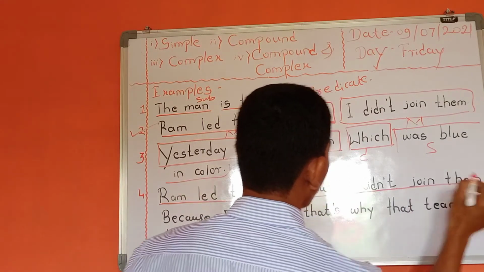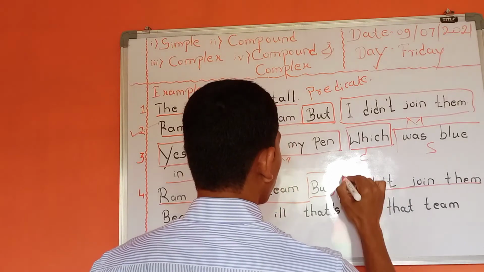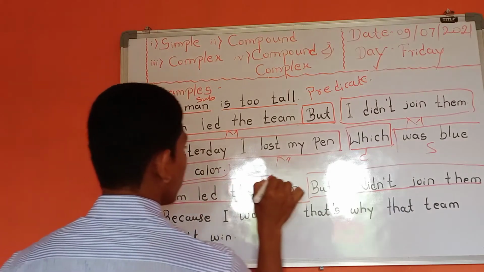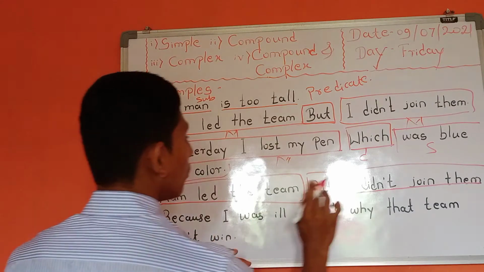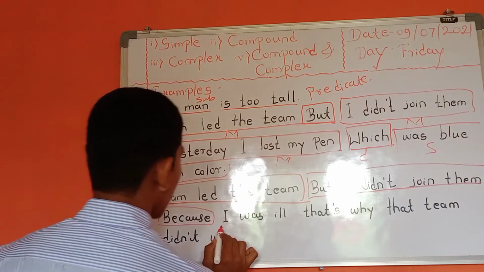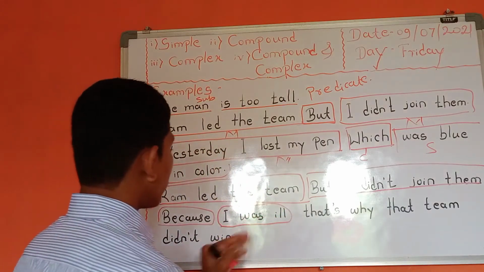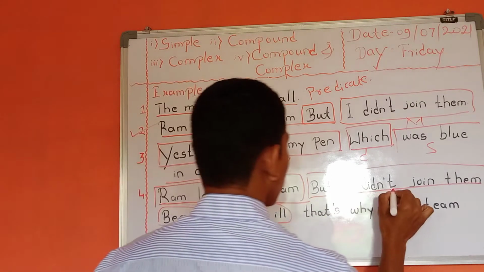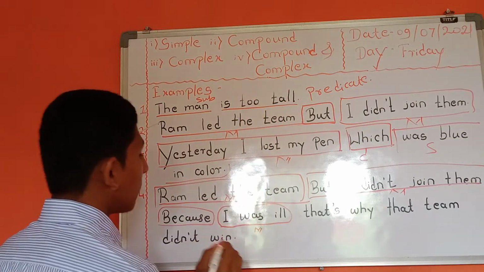I didn't join them. This is also part of the sentence, and it gives complete meaning. So this is independent and this is also independent, which means two main clauses are there. Because is a conjunction, and I was ill. This is also giving complete meaning, so this is also a main clause. More than two main clauses. I have already told you the definition of compound-complex.